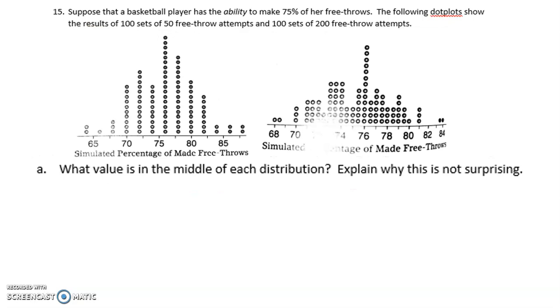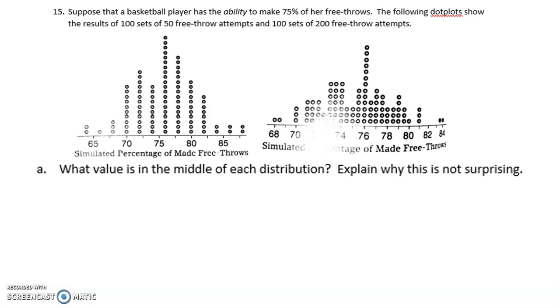Suppose that a basketball player has the ability to make 75% of her free throws. The following dot plots show the results of 100 sets of 53 free throw attempts and 100 sets of 200 free throw attempts. What is the value in the middle of each distribution?